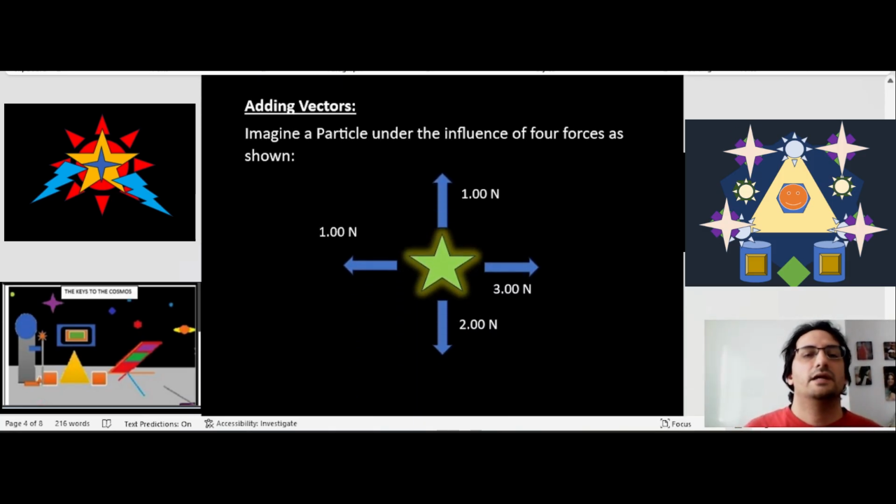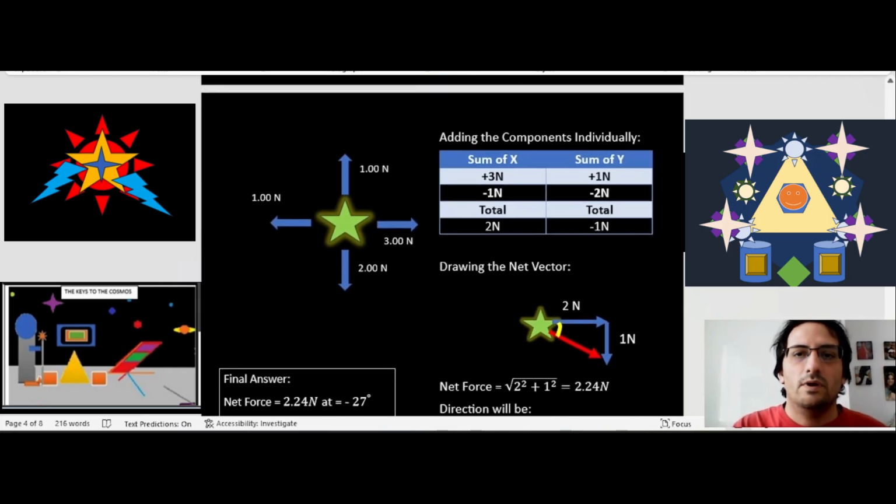Adding vectors. Imagine a particle under the influence of four forces as shown. 1 newton up, 3 newtons to the right, 2 newtons down, and 1 newton left. So the goal here is to find what the net force on this particle will be. Well, the 3 newtons to the right is in the x, 3 positive. The 1 newton to the left is negative in the x.